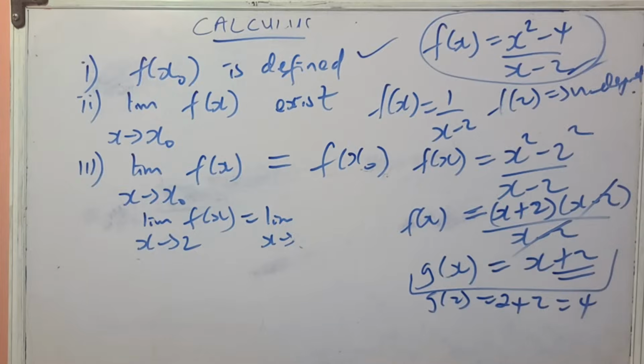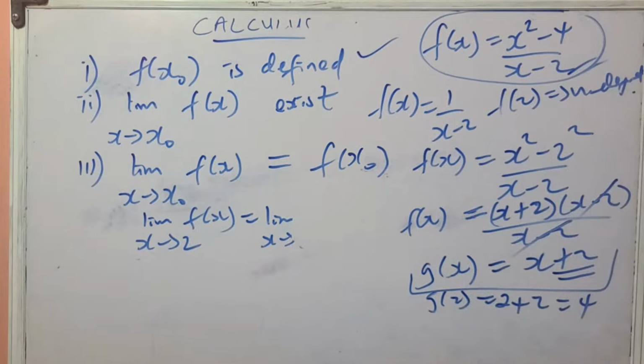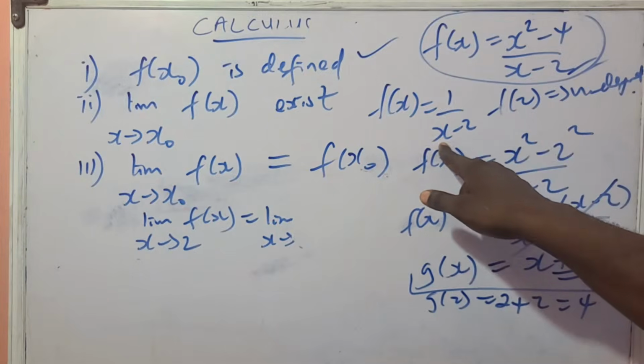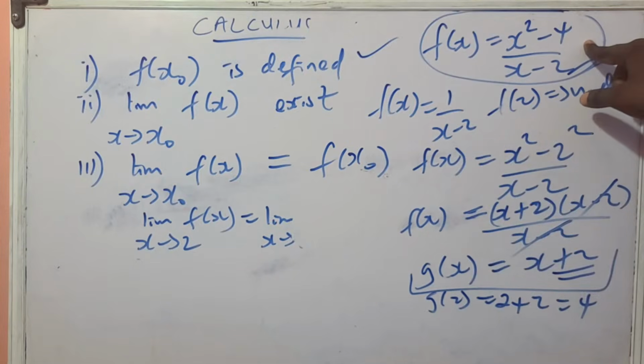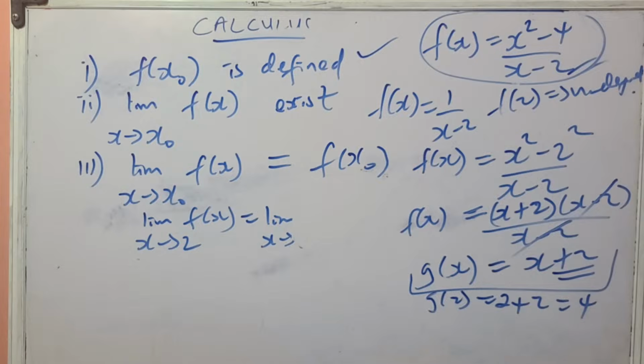So when you have a function and you identify a point of discontinuity, like this previous one, we could not remove the discontinuity. So we just say this function is not continuous at the point x equals 2. But we saw another function, and we also identified that this function was discontinuous at x equals 2. But the question was, could we remove that discontinuity?